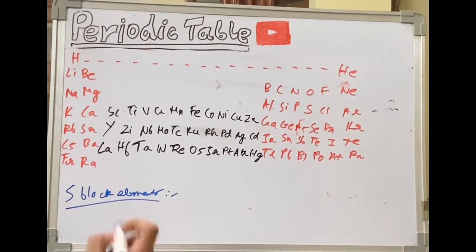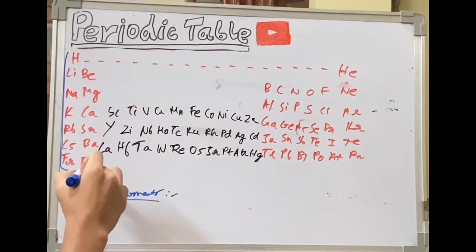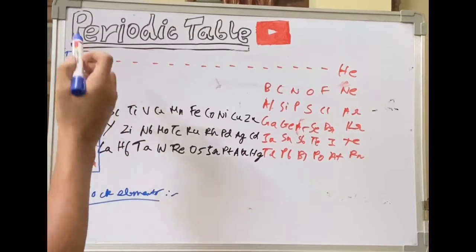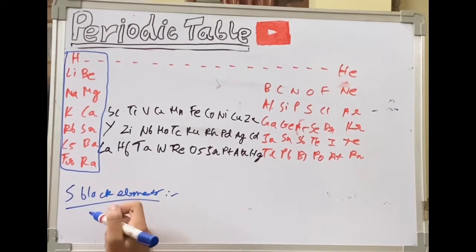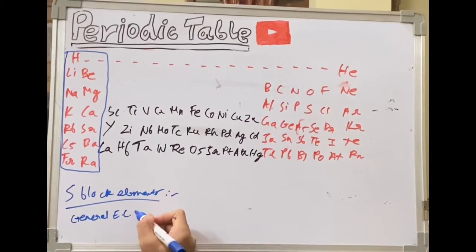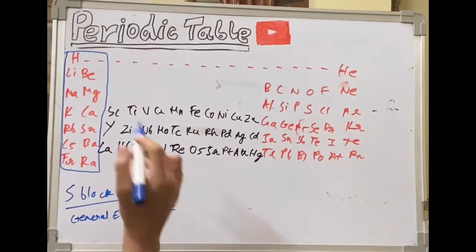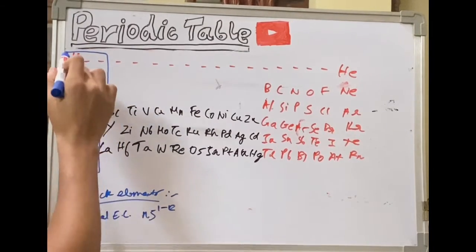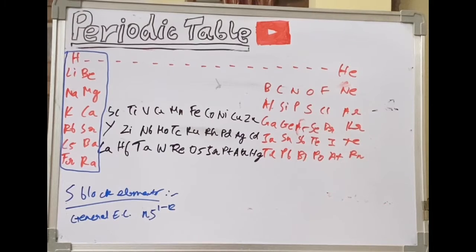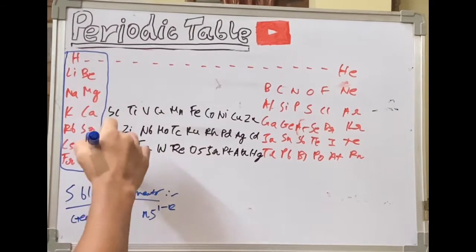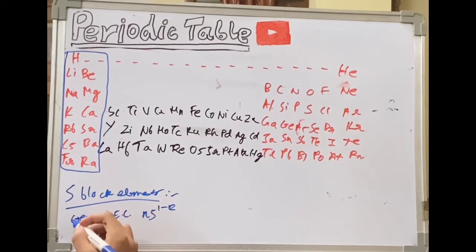So all the elements in group 1 and 2 are your S block elements, because they have the general electronic configuration ns1 and ns2, depending on the period they lie in. So all these elements will have one electron in their s orbital, whereas these will have 2 electrons. Okay, so this will be the general electronic configuration of them.